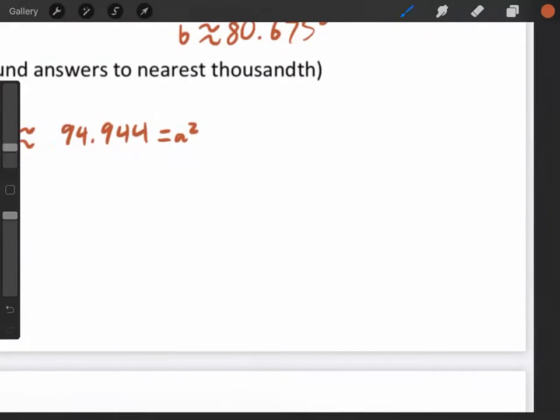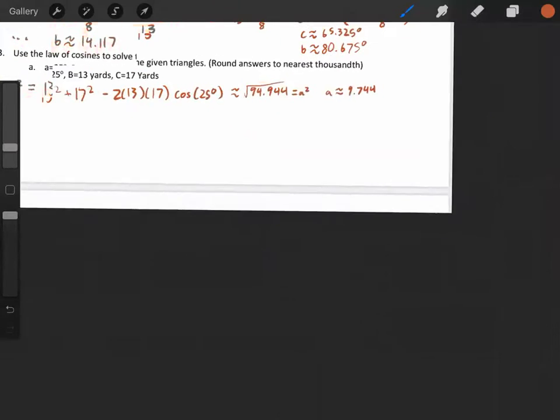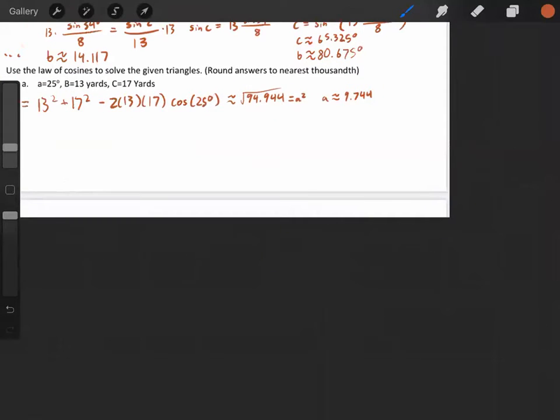So in order to find a, we need to take the square root of both sides, and we find that a is approximately 9.744. And now that we have this, we can find that last angle, also using the law of cosines.